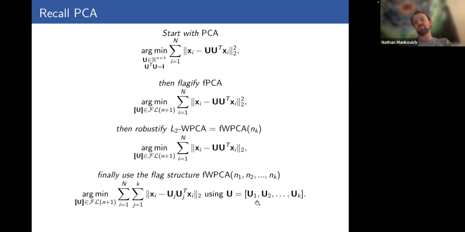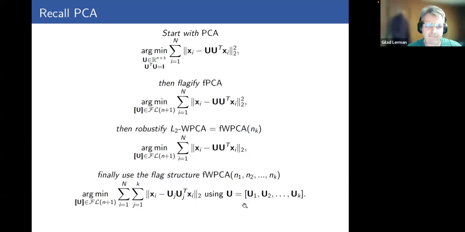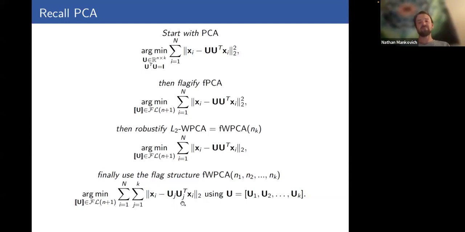So I'm abusing the word flag here, and I'm really talking about a product of subspaces. I see. Okay. And I'm just saying we're going to use the word flag because there's this correspondence. But you're making a really fair point.